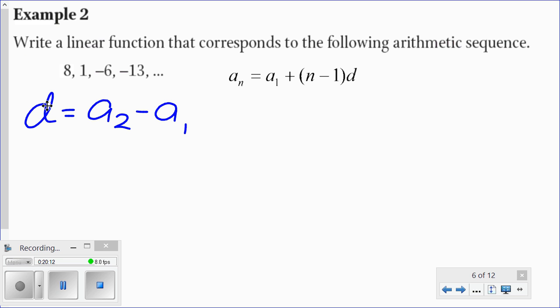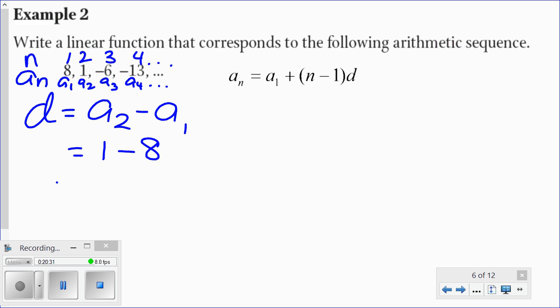Don't forget, these are the n's, these are the a sub n's. 1, 2, 3, 4. This is a sub 1, a sub 2, a sub 3, a sub 4. So we take a sub 2, which is 1, minus a sub 1, which is 8. So D equals -7.